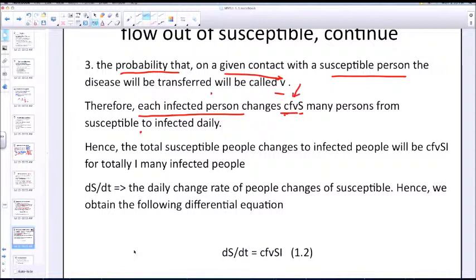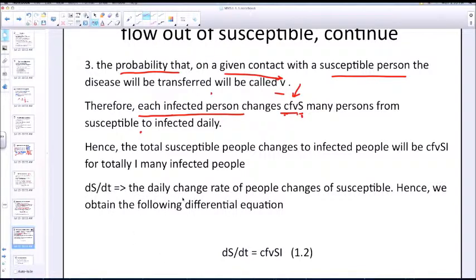F is the fraction of the other people who are susceptible. And V is the probability that when you contact a susceptible, it truly transfers the disease. And then you multiply S, that's how many susceptible there are.